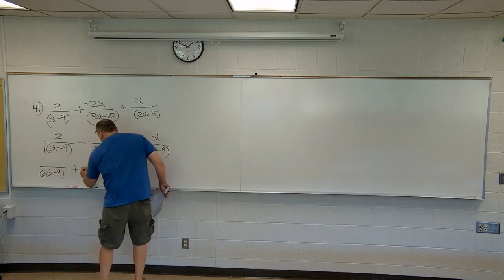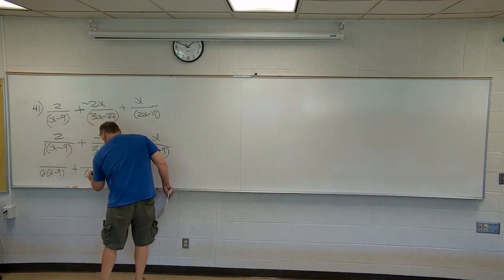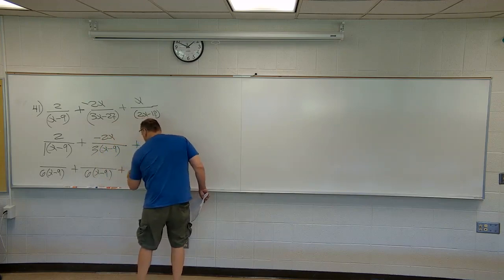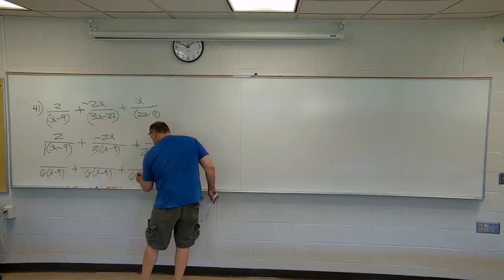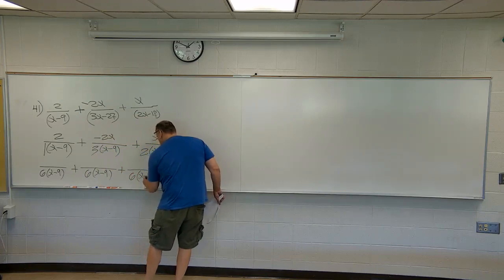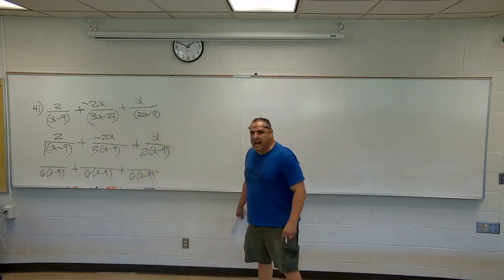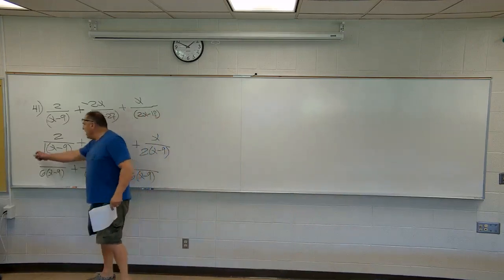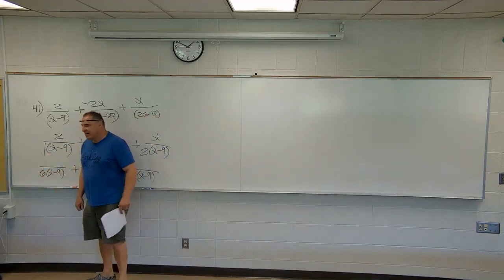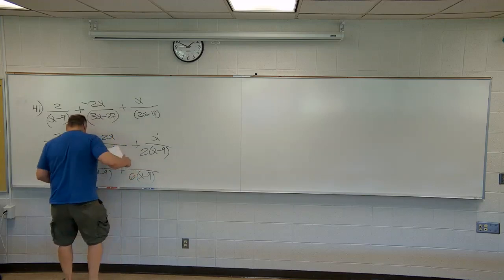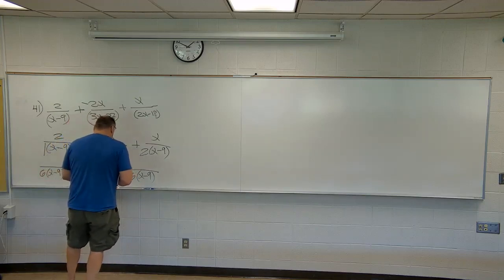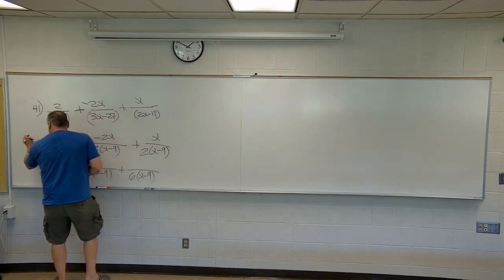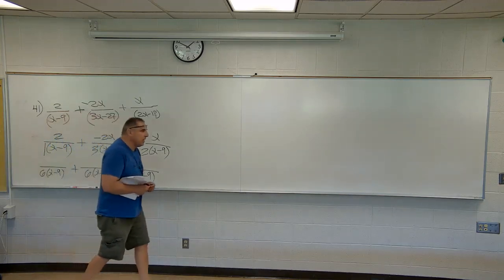Don't put the top yet. Each one of these has got to have a 6 on the bottom. By what did you multiply 1 to get a 6? What we're saying is, you're basically multiplying by the special 1 that we knew how to do when we did arithmetic back in the day.